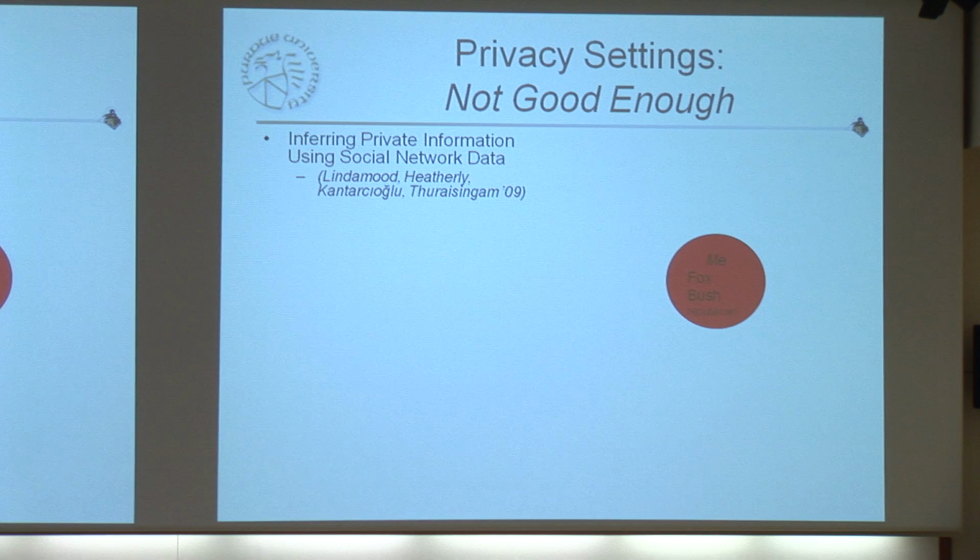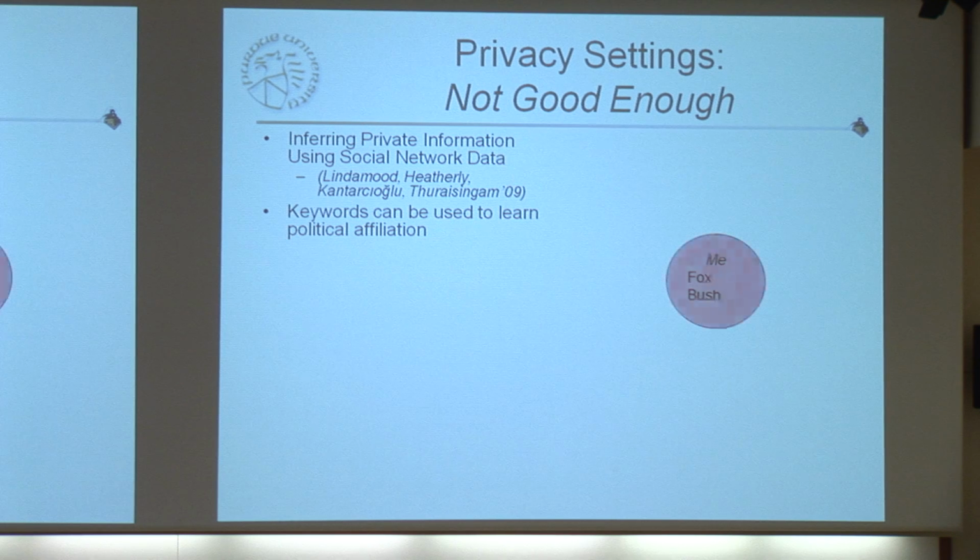So suppose I turn around and I get rid of being a Republican. Well, knowing that I watch Fox News and seeing that I've said something about Bush may allow people to determine I'm a red stater. That's machine learning. Well, using my privacy settings, I may have to go a little bit further than just saying, don't show my political affiliation.